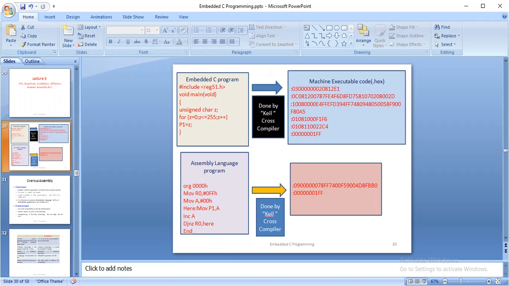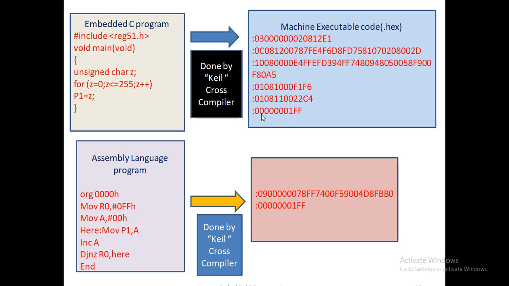Now come over here, you just see the difference. Same program, the same concept. I am sending the values from 0 to 255 to port 1. Here also the same logic I applied. You just see the machine executable code. How many lines you see.